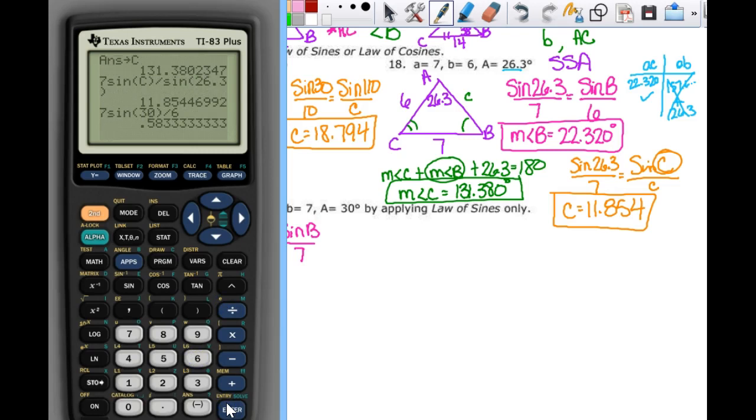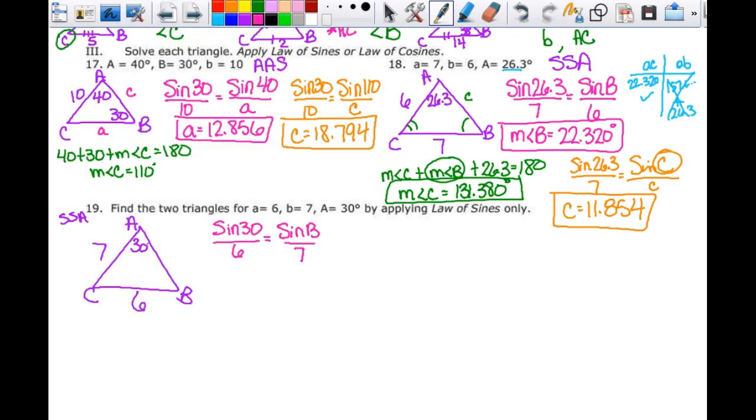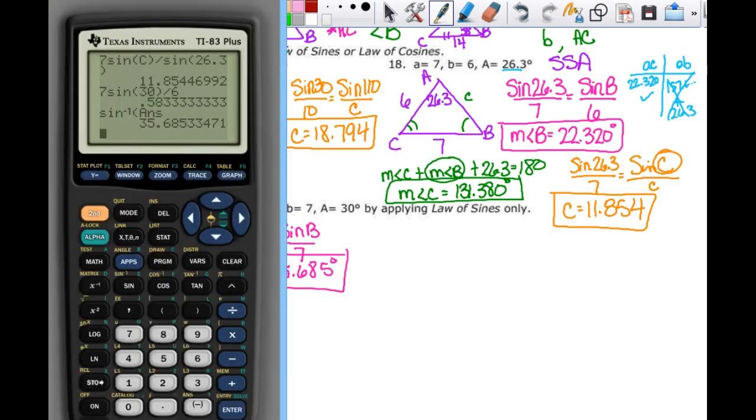Remember, that's not my answer. That's the sine of B. So do the sine inverse of that. That's going to give me 35.685. So the measure of angle B is 35.685 degrees. And I should have stored it, so I'm going to go back and do that before I forget. Storing that in B.